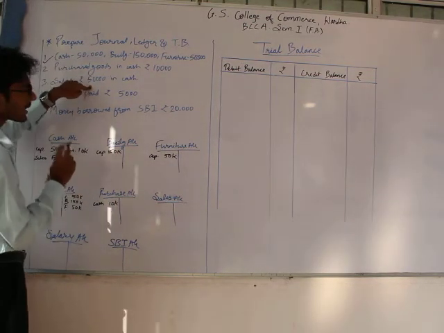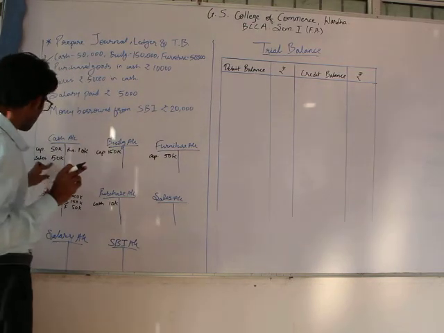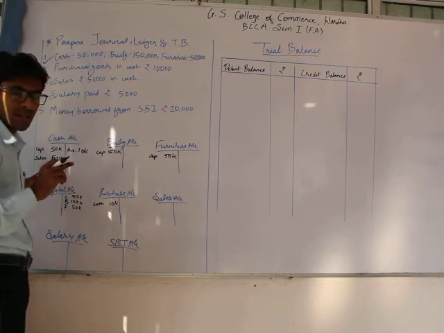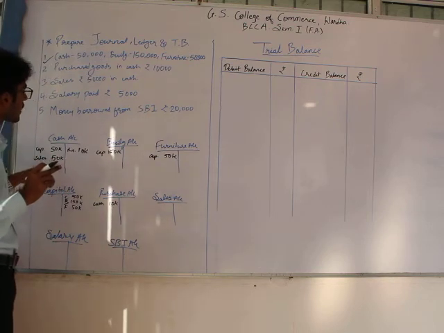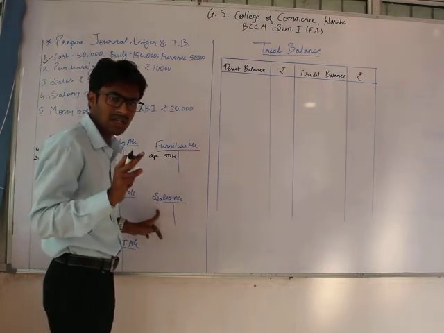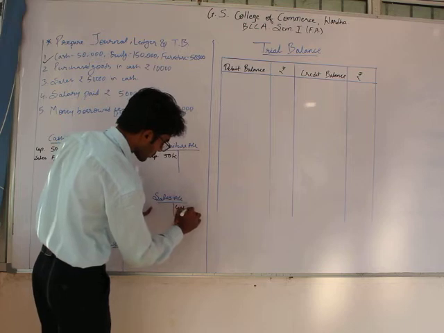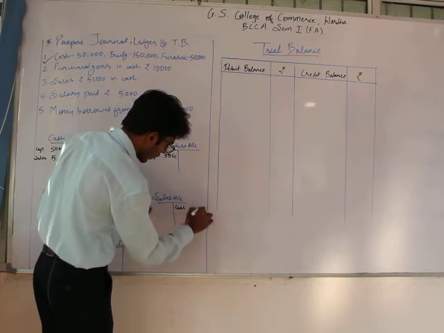What is the entry? Cash account debited to sales. So cash account is debited here, that's why at the debit side of cash we will write 50,000 as sales, and sales is credited here, that's why in the credit side of sales we are going to write cash rupees 50,000.